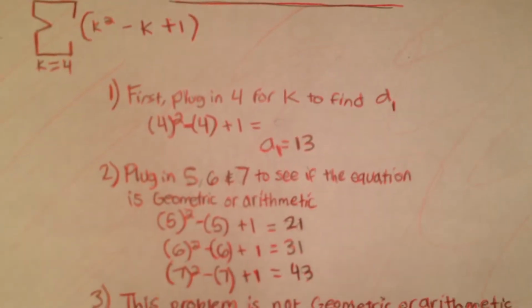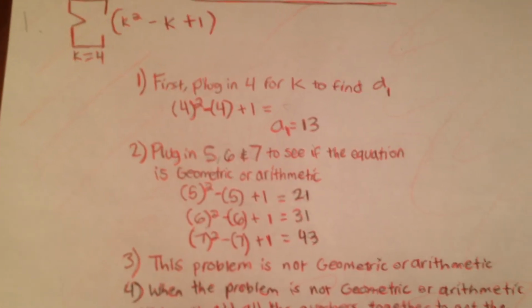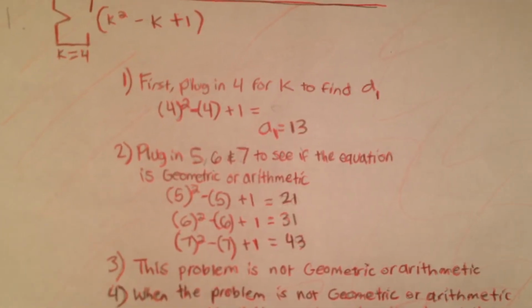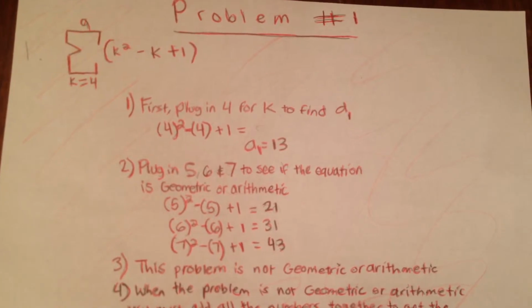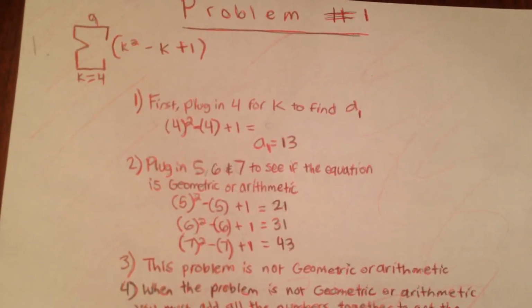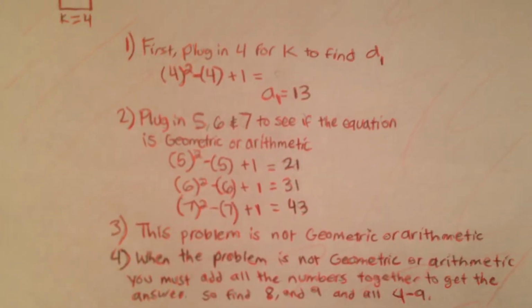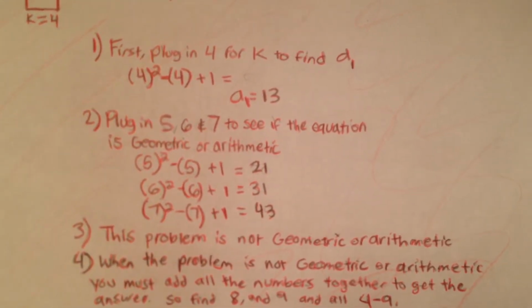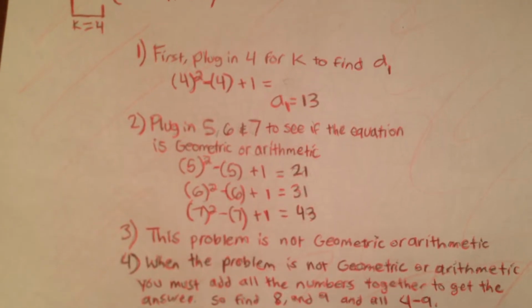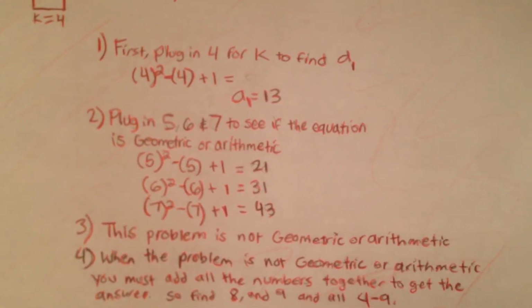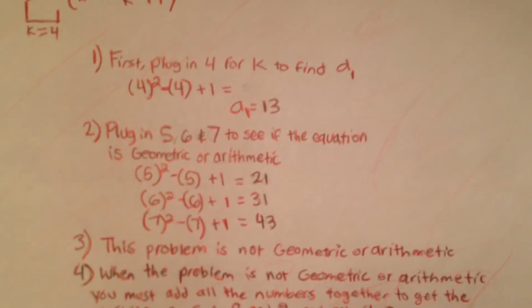So next in these problems you have to figure out whether it's arithmetic or geometric or neither. How to do that is we're going to do the same thing, but for 5, 6, and 7. So we put in 5 for k, 5 squared minus 5 plus 1 equals 21, and then 6 squared minus 6 plus 1, which is 31, and then we plug in 7 to get 43.